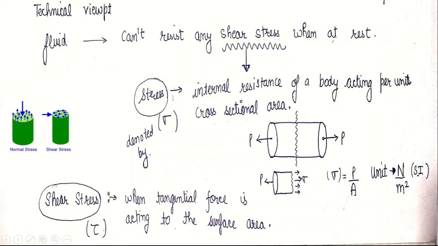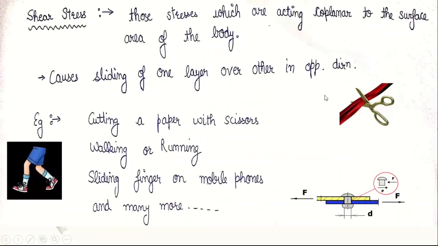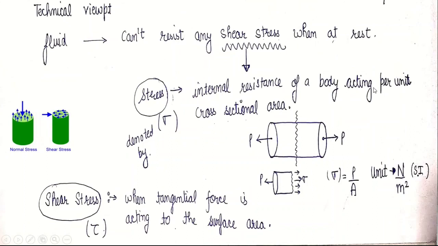So first let's discuss the stress. Stress is basically the internal resistance of a body when it is acted upon by any force, per unit cross-sectional area of that body. So it is denoted by the Greek symbol sigma, and its SI units are Newton per meter square.